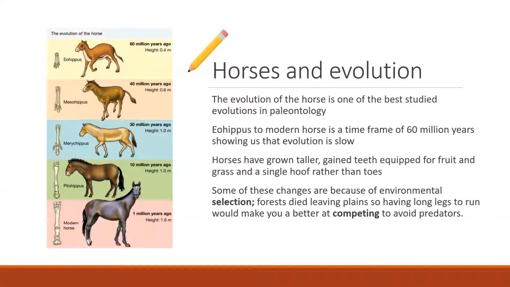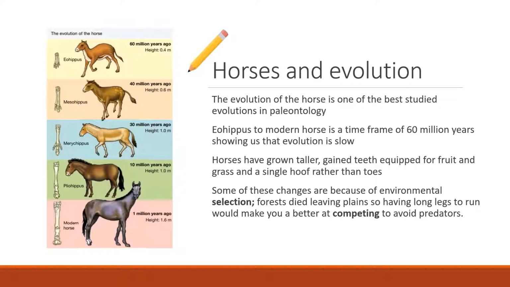It also lost its toes and just got a hoof because that allowed it to move a lot faster. You can also talk a little bit about the tail. Obviously the tail has evolved as well to be able to get rid of flies a lot better, because there are a lot more flies in the plains than there are in the jungle, and stuff like that, in the forest.